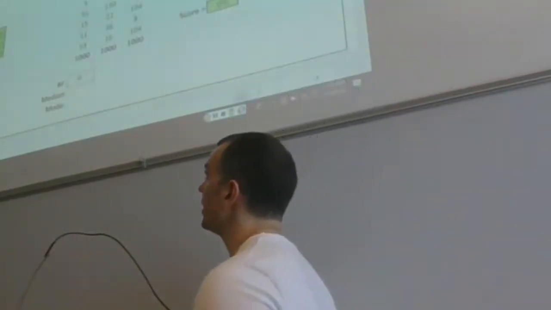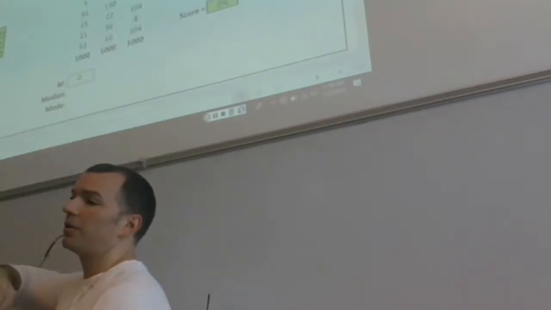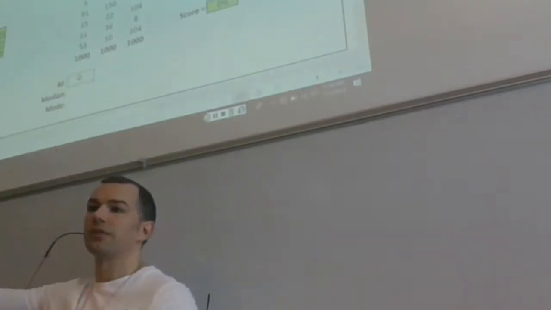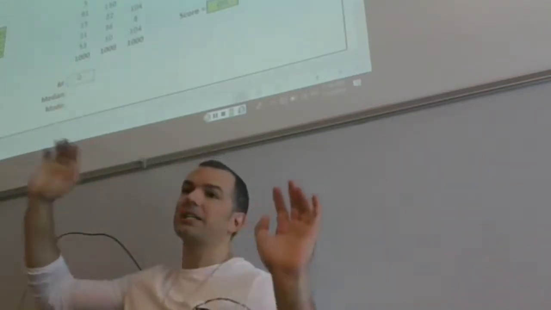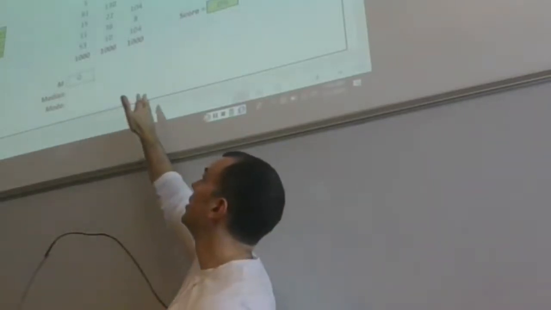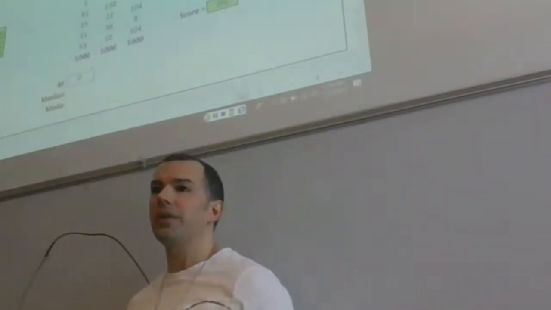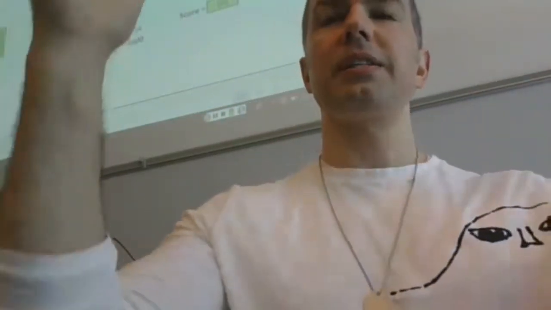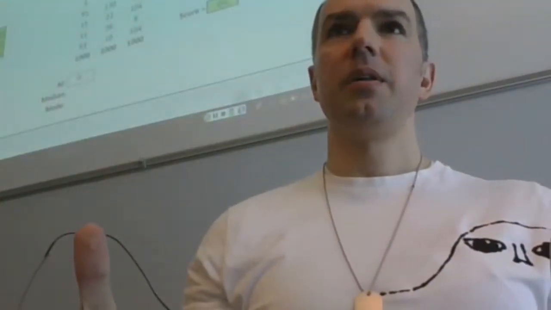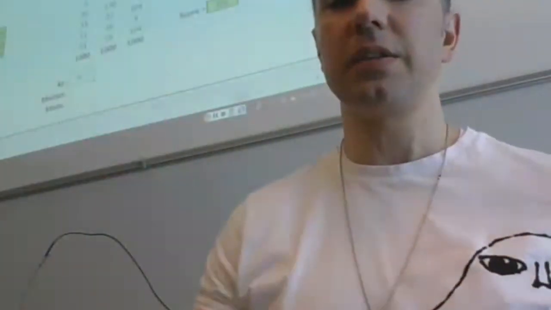For example, here, we want the mean, the median, and the mode for the X scores. We're then going to want to do the exact same thing for the Y scores, and the exact same thing for the Z scores. So we're going to set it up once for the X scores, and then use Excel's functionality to do it very quickly over and over again. So you do have to do it once.